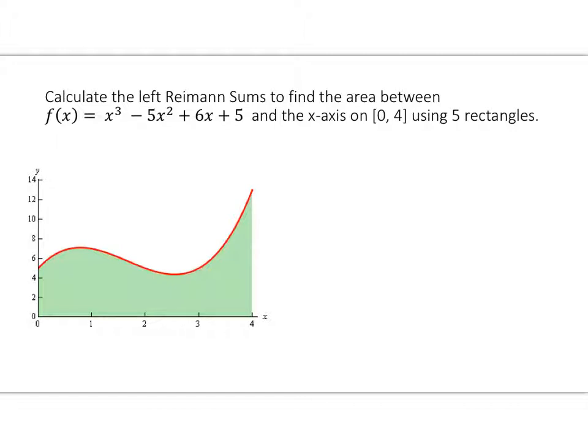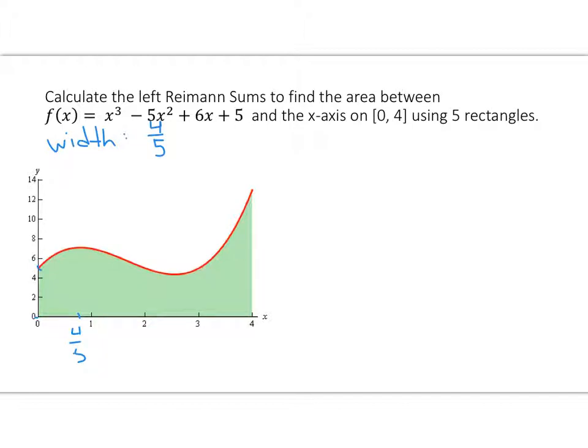Now we can do the same thing, calculate the same area, but this time we're going to use left Riemann sums. So again, from last time we know that our width for each rectangle base has to be 4/5. Except we're going to start our first rectangle at 0 and go over to 4/5.